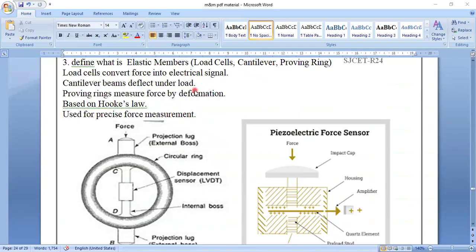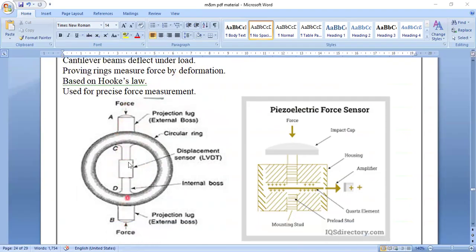A cantilever beam deflects under load; if the cantilever beam is fixed on one side and free on the other, you can measure the deflection. Proving rings measure force by deformation. The ring gets deflected inside or outside, and the shape of the circle is deformed. The deformation is measured here, with force applied from here, up and down.